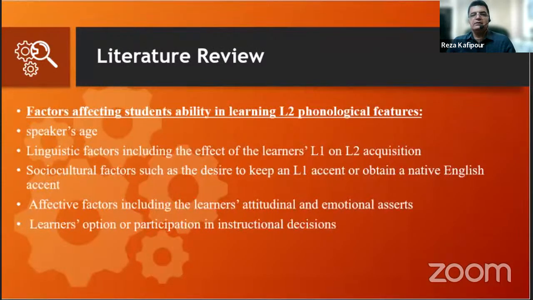And learners' option or participation in instructional decisions. If you involve learners in, let's say, determining instruction style or method, definitely it can affect the output, that is learning.